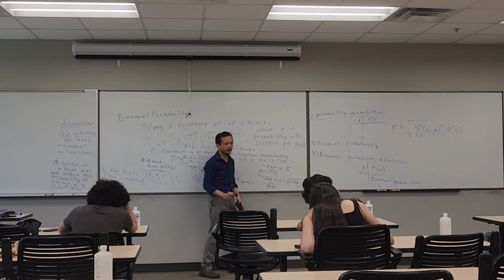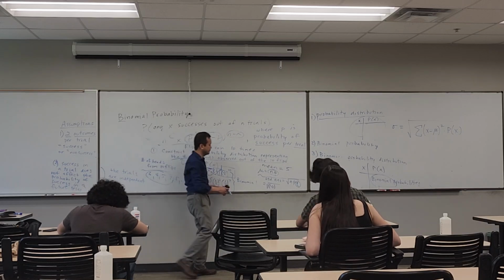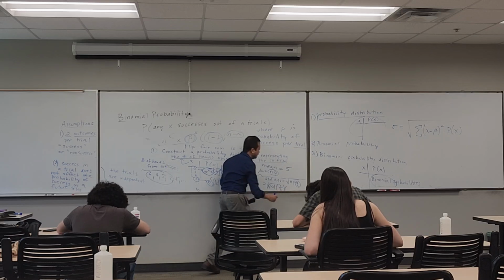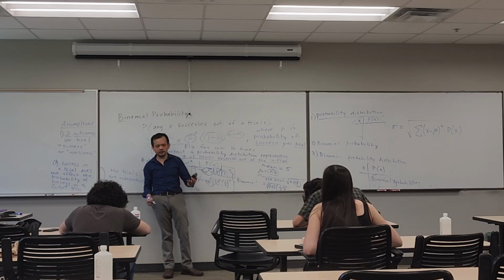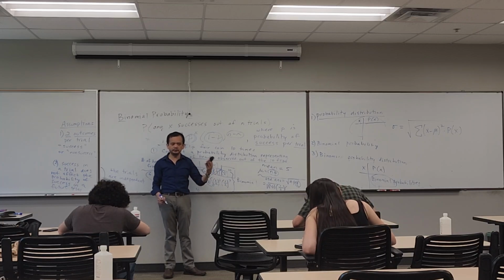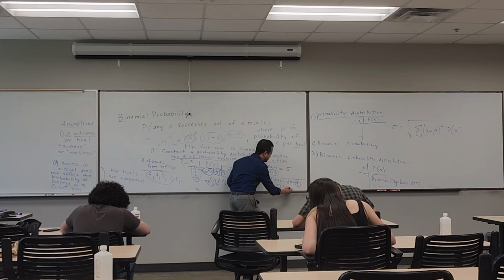p is the probability of success per trial. Yeah, for a fair coin, in this case, it's going to be 1/2. And then q is the probability of non-success for each flip. And non-success here is getting not heads, but tails. So the probability of tails for a fair coin is also 1/2.